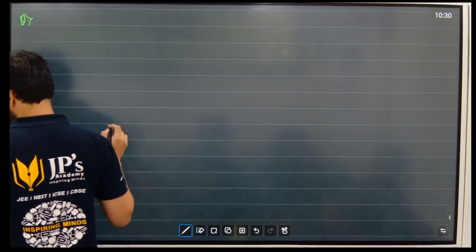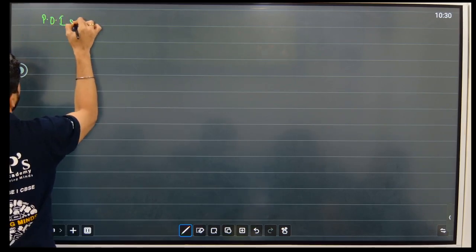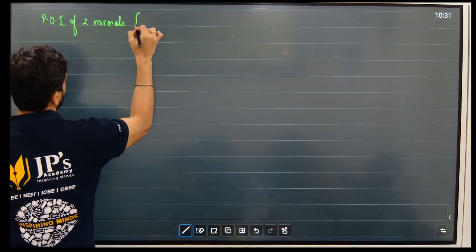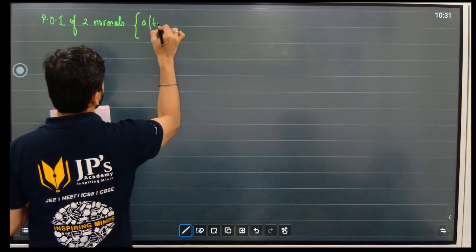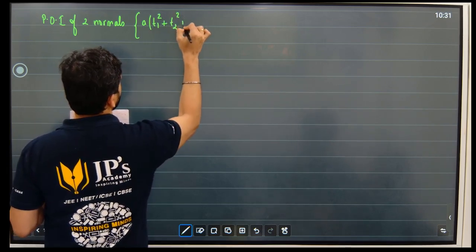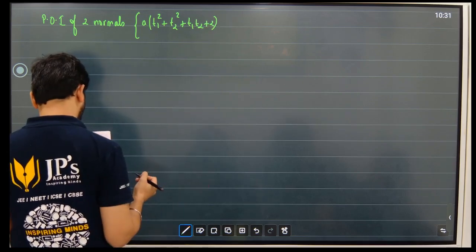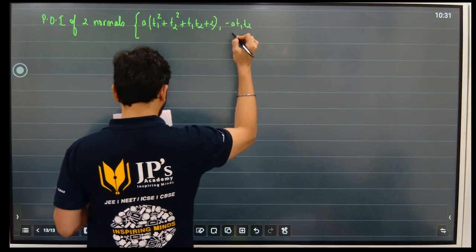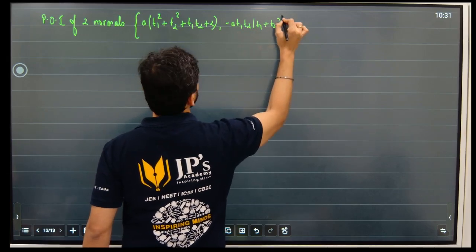Just the formula first. सबसे पहले last formula, point of intersection of two normals. Point of intersection of two normals, a bracket t1 square plus t2 square plus t1 t2 plus 2, comma minus a t1 t2 bracket t1 plus t2.